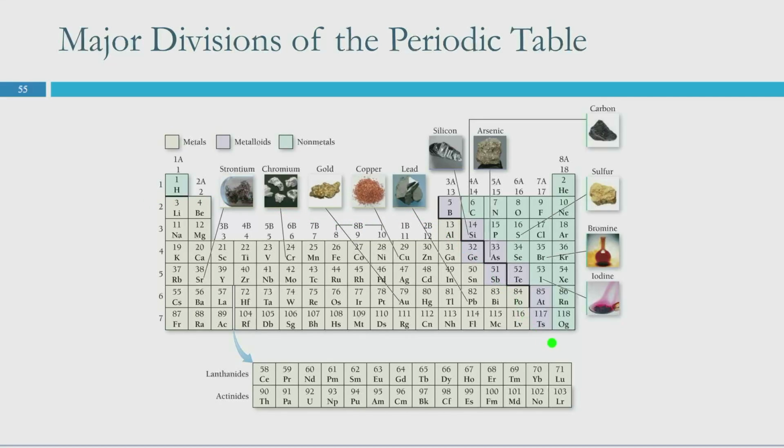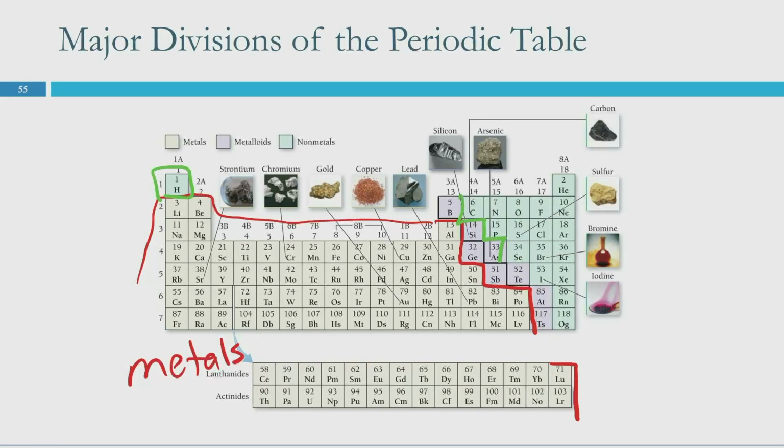Our biggest category, everything that's over in this yellowish color, all this stuff, these are all metals. This includes a lot of things that we would call metals, like Fe, iron, Ni, nickel, Cu, copper, Zn, zinc, Ag, silver, Au, gold. So lots of things, especially in the middle section, that we would know as metals, that we would instinctively, I hope, call metals.